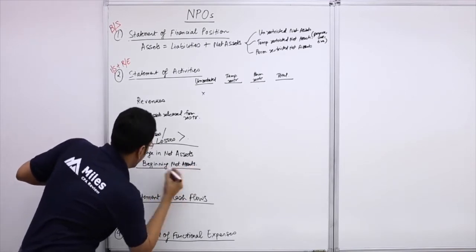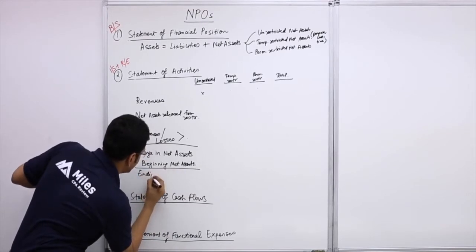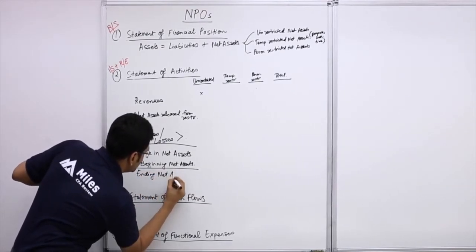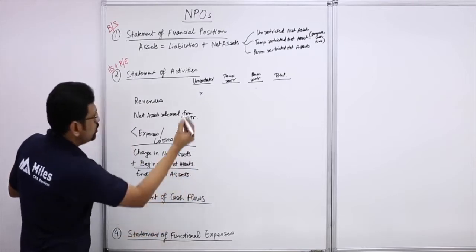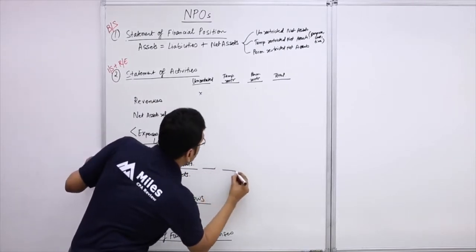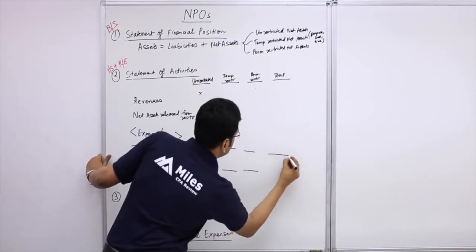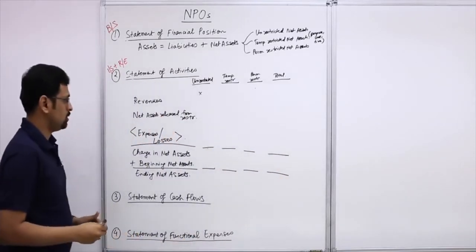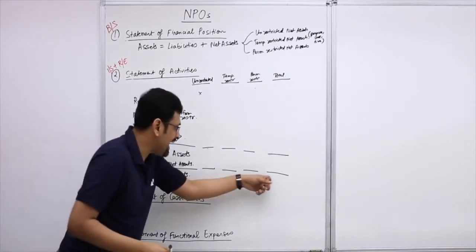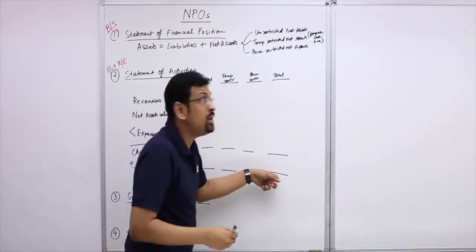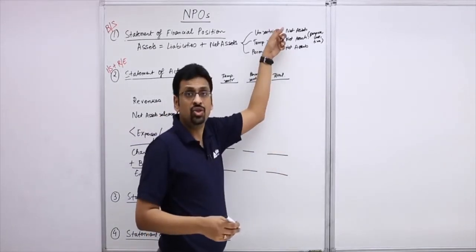And this gets you to ending net assets. So you have the ending unrestricted, temporarily restricted, permanently restricted, and total. So these numbers, ending net assets, these tie into the numbers that you have on the balance sheet.